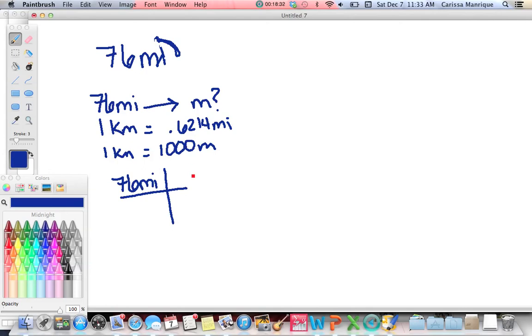Do I put it on top or the bottom? Well, since I want to get rid of miles right here, I'm going to put it on the bottom. Let me draw that. I'm going to have 0.6214 miles to 1 kilometer.